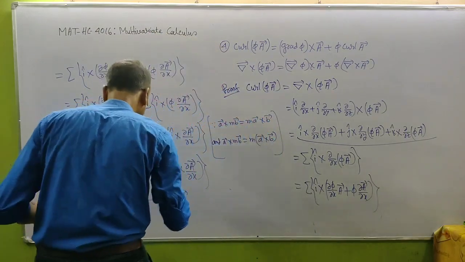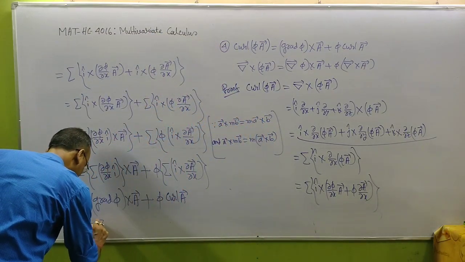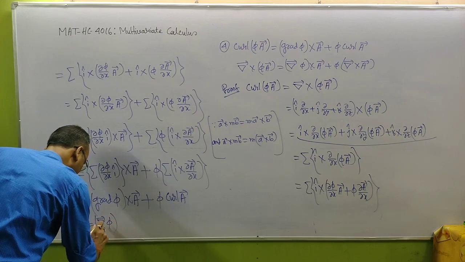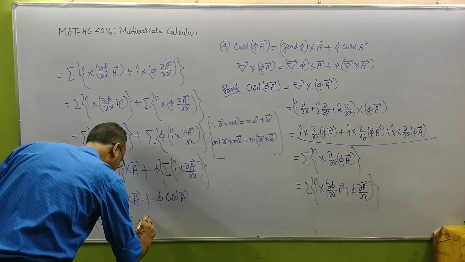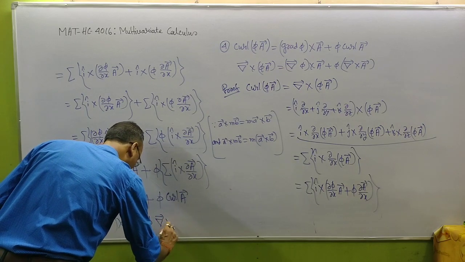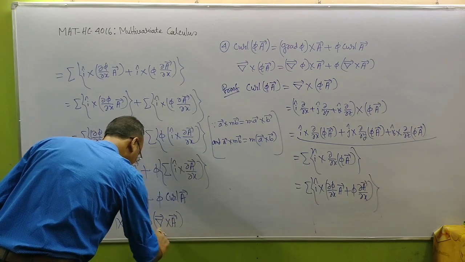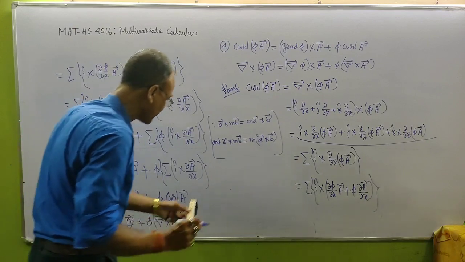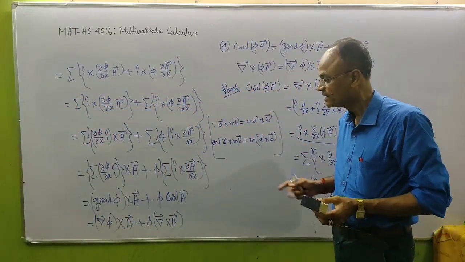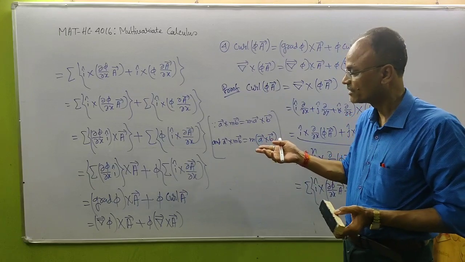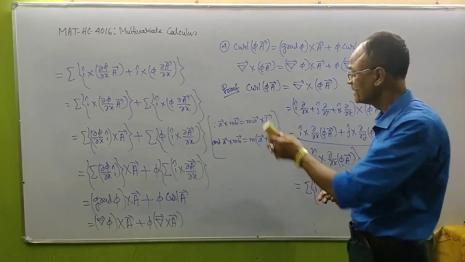And it can be written as gradient of phi cross A vector plus phi, curl of a vector. Perhaps you have understood this one, very interesting.